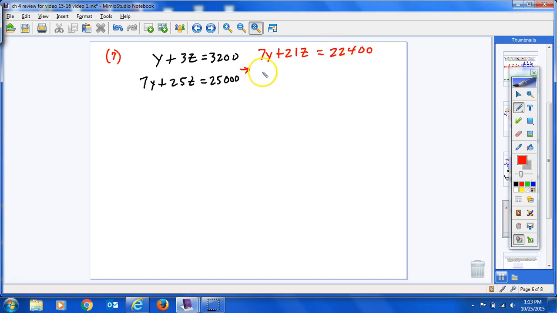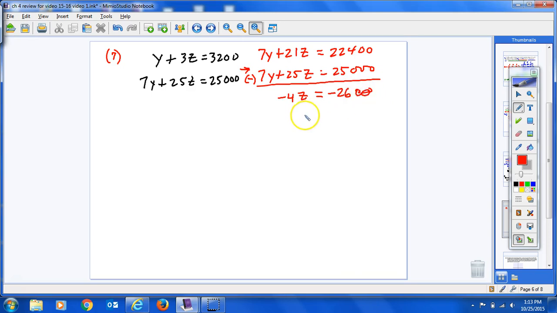Okay, and I didn't do anything to the bottom equation. And we will eliminate y with subtraction. So 21 minus 25 is negative 4z. And when we do 22,400 minus 25,000, we get negative 2,600.